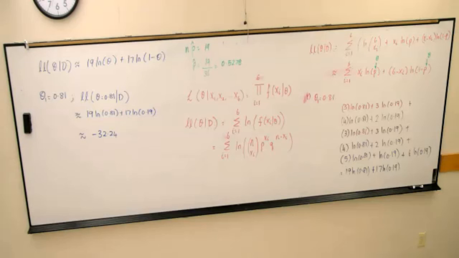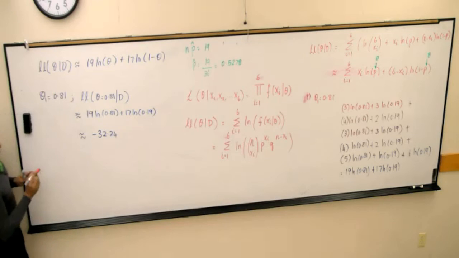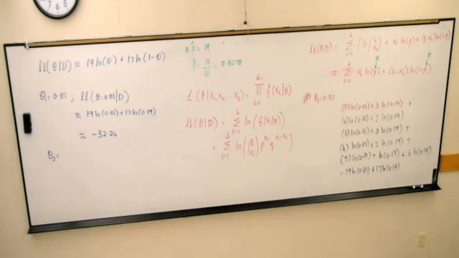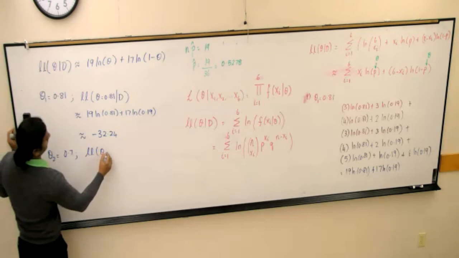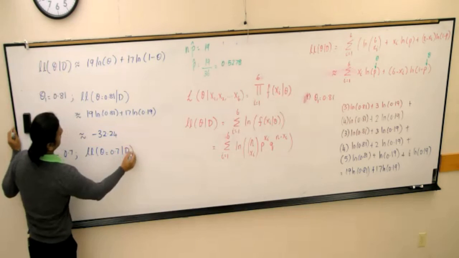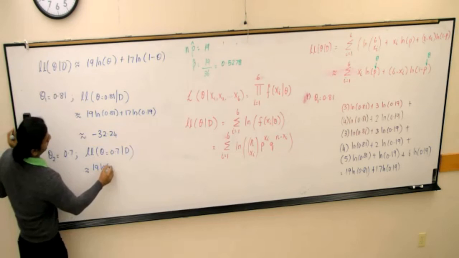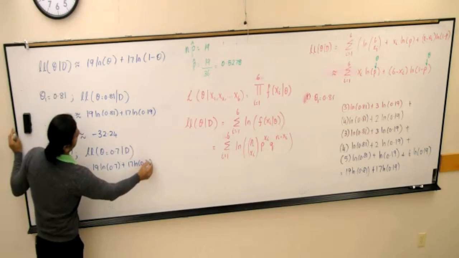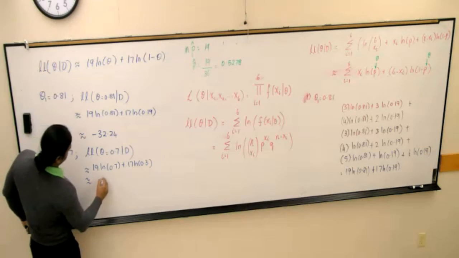A negative value. The next case, theta 2, which I erased merrily. What is theta 2? 0.7. So 0.7 given the data: 19 ln of 0.7 plus 17 ln of 0.3. And what do we get? Negative 27.24.